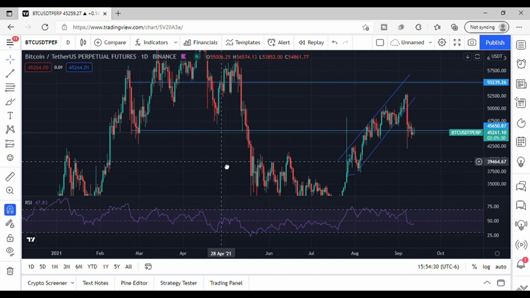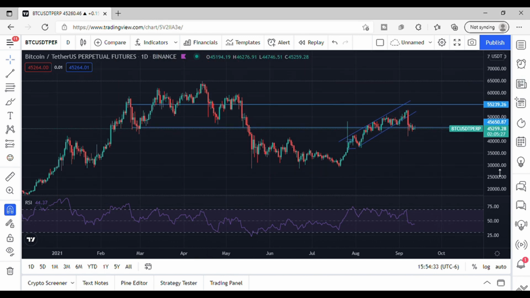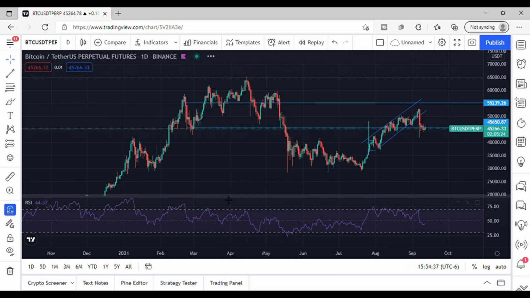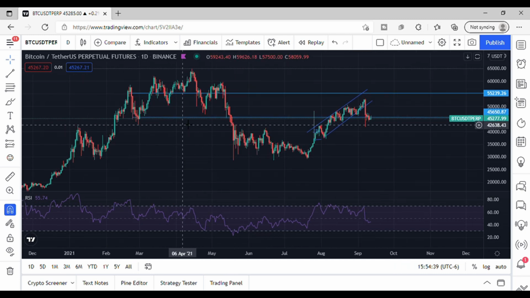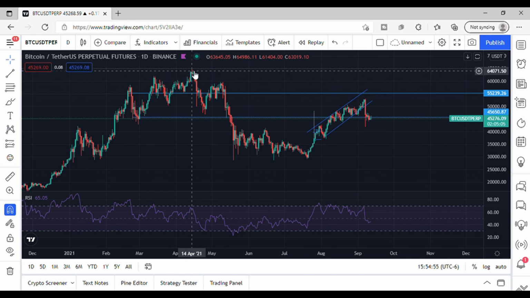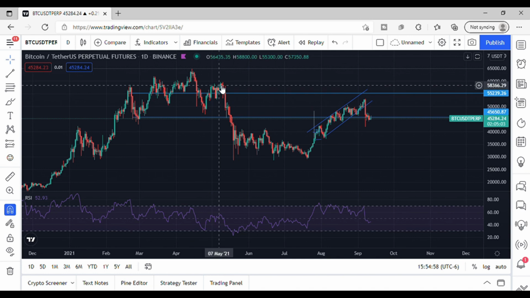Downtrend is the opposite. Let me look in the past here, see if I can find a good example of a downtrend. Okay, this one is a good example. To identify a downtrend, you need to see the candles forming a lower high and a lower low, such as this one here. You can see the highest was here at the top, and then it went down, went high a little, but it didn't go higher than the previous high, right?